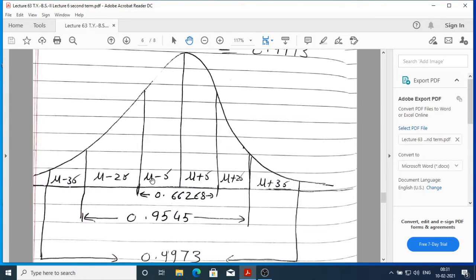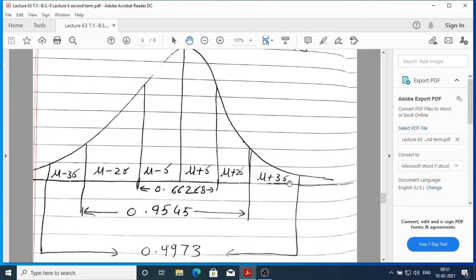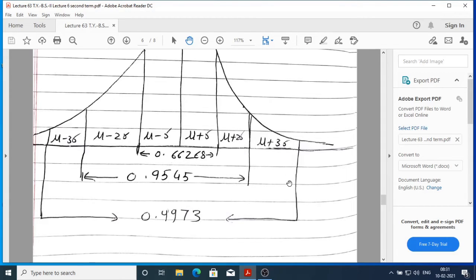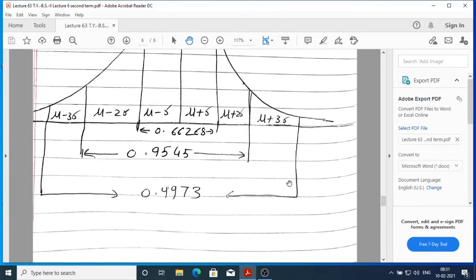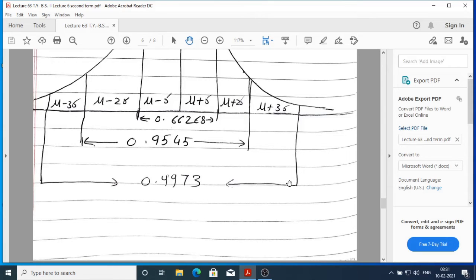So mu minus sigma, mu plus sigma, the range is 0.6828, and mu minus 2 sigma, mu plus 2 sigma, so these are called 2 sigma limits. The probability is 0.9545, and mu minus 3 sigma and mu plus 3 sigma, the probability is 0.9973. So this is the most important information which we are getting from this curve.